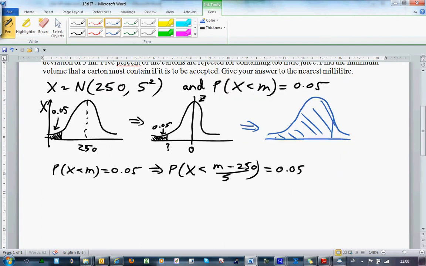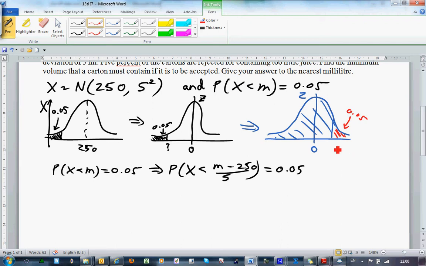So now what we have is, this is still the Z distribution, so that little red area is 0.05. And our tables will be able to give us this value here, right there.